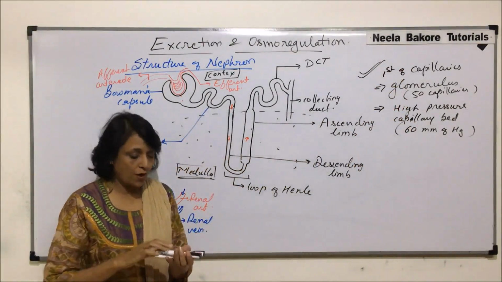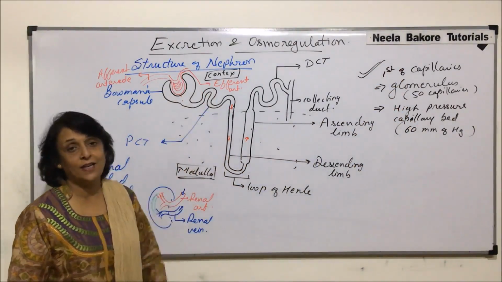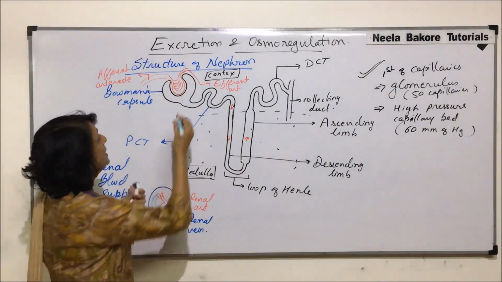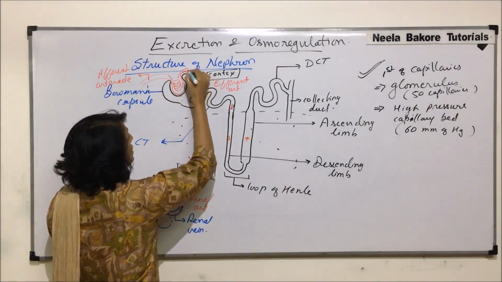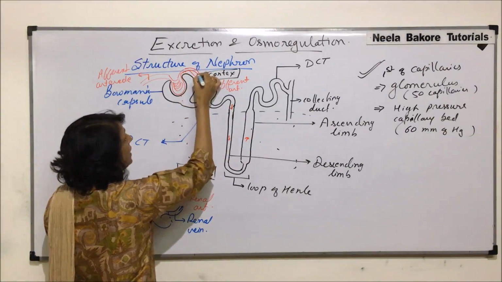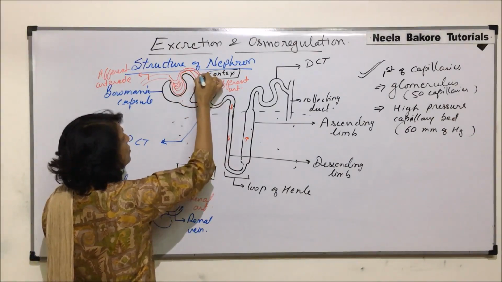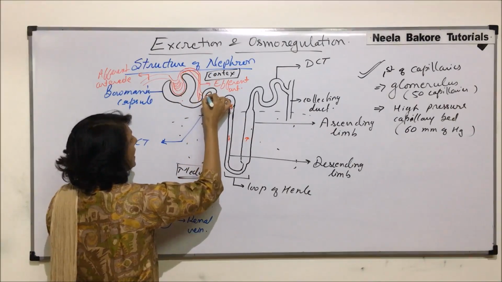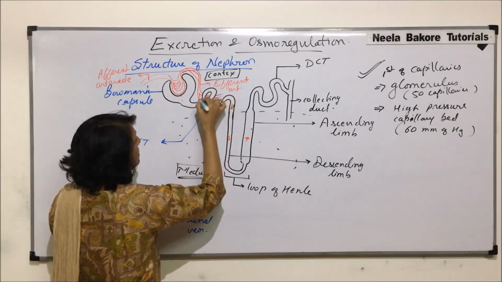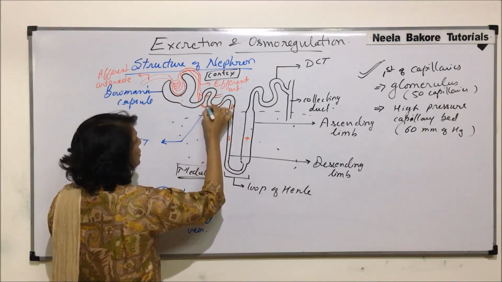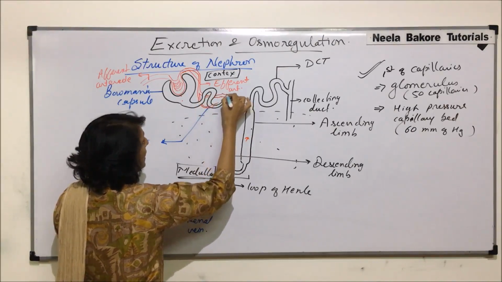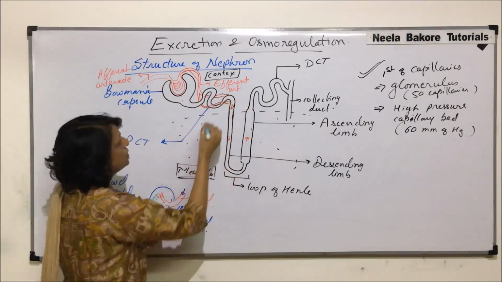Now let us see what happens to this efferent arteriole. The efferent arteriole is narrower. When it comes out, it divides into many branches, and these branches are around the proximal convoluted tubule, or in all these tubes.